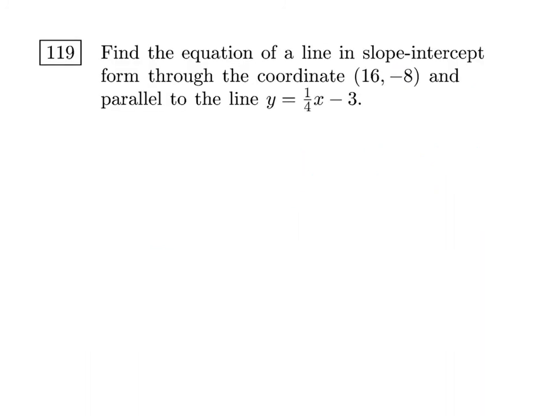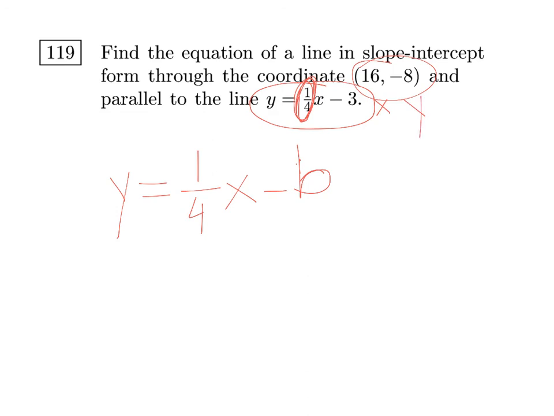Find the equation of a line in slope-intercept form through the coordinate and parallel to this line. Okay, if it's parallel to this line, then that means it has the same slope, right? So the slope for my new equation is 1/4 x, or 1/4, and then x plus b. How do I figure out my b? Use my point that they gave me, x and y.